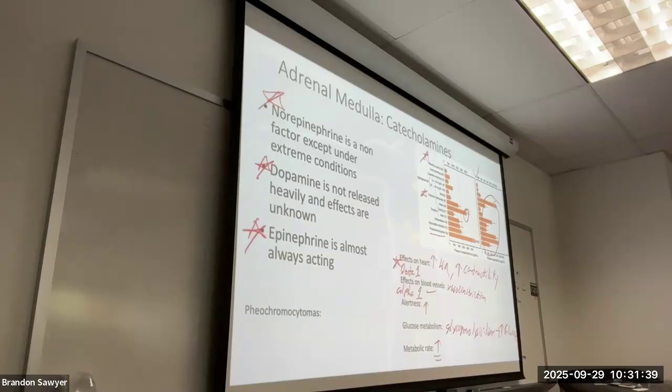I don't think I forgot anything. So then the pheochromocytomas: these are adrenal medulla tumors. One of the primary things we see there is extreme hypertension, kind of one of the primary symptoms that come about with this.